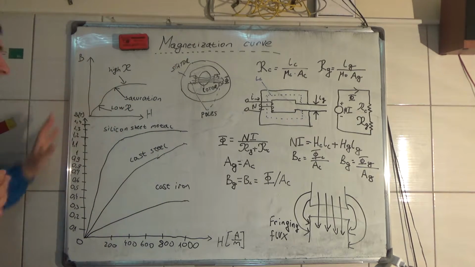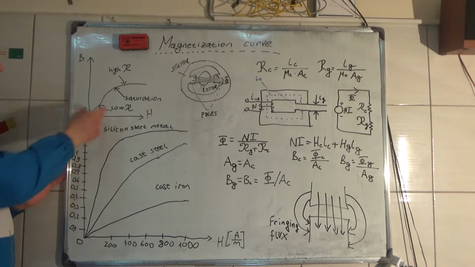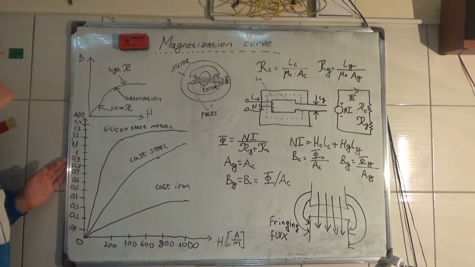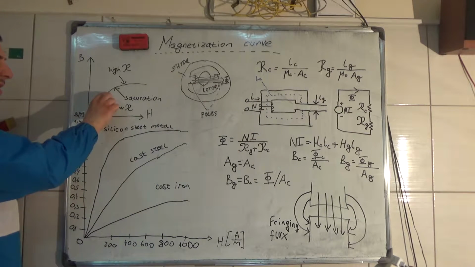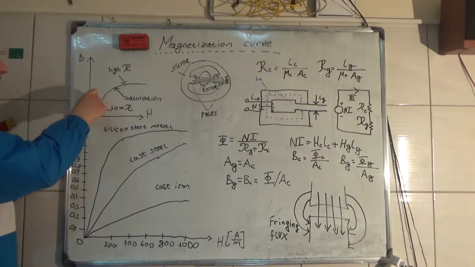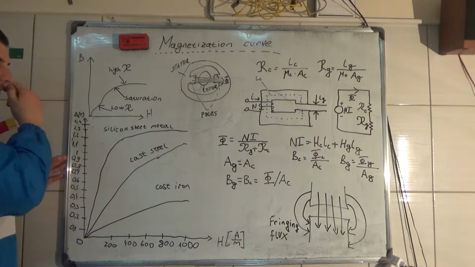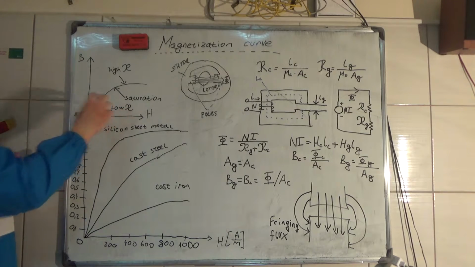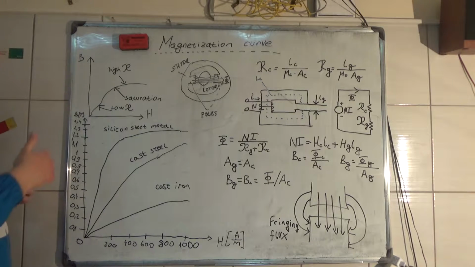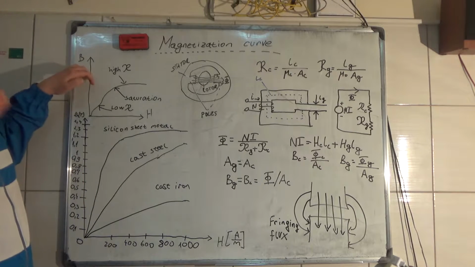It's something like this. When you have a small magnetic field intensity in the magnetic circuit, you will see that the magnetic flux density is growing linearly. But this is the low reluctance area. There is a point where we can't make this go higher.